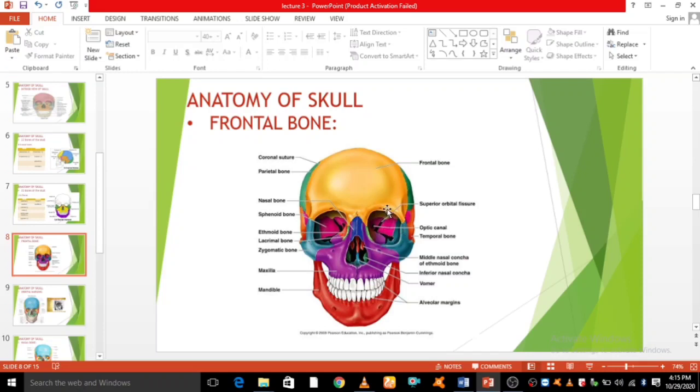The bone define all part of the upper margin of the orbit. The frontal process articulates superiorly with the frontal bone, laterally articulate with the zygomatic bone, inferiorly articulate with the maxilla, and medially articulate with frontal plus maxilla.